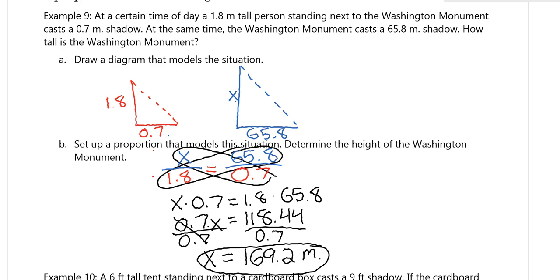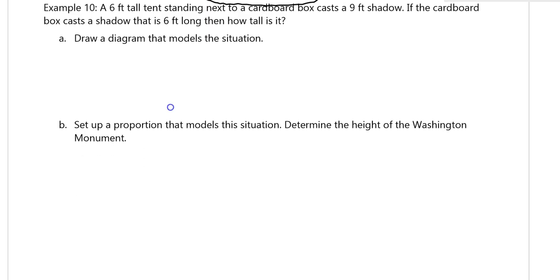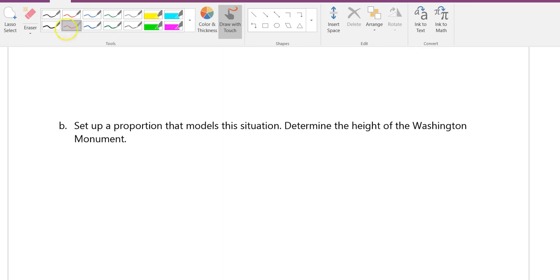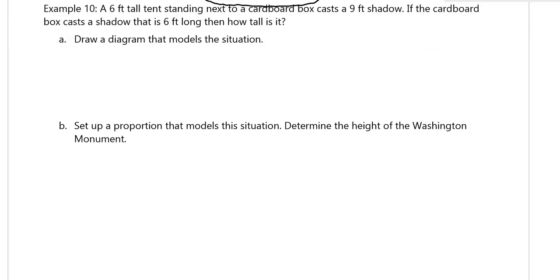It's just like what we've been doing. Looking at example 10. A 6-foot tall tent standing next to a cardboard box casts a 9-foot shadow. The cardboard box casts a shadow that is 6 feet long. Then how tall is it? Okay.